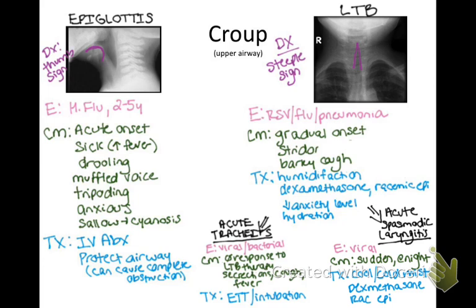His O2 sats were sitting a little low, and he got a dexamethasone. He got like 3 doses of racemic epi, which made him totally jittery. And we sat there in our matching Christmas pajamas all night getting treated, but it's just something that happens suddenly at night. And again, the dexamethasone helps with the inflammation a little bit. Racemic epi helps with the bronchodilators.